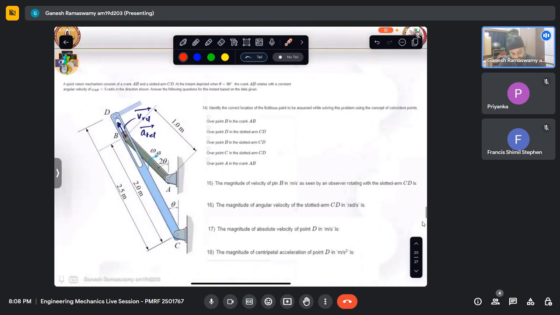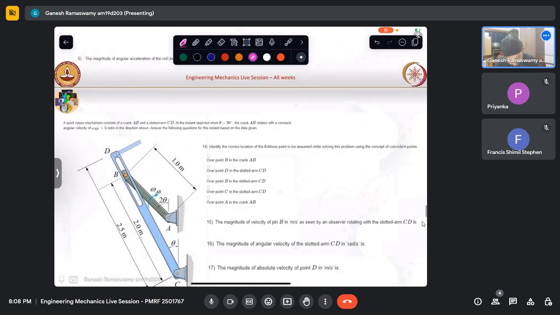Coincident point analysis we have seen. This also I explained now. So one aspect to keep in mind is ARL is along the slot for straight slots or components resembling slots.